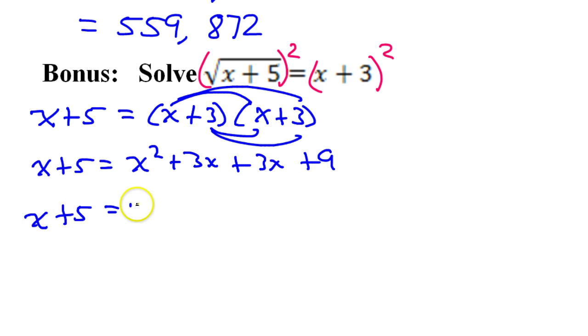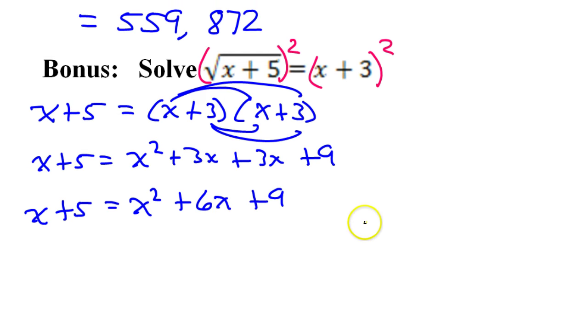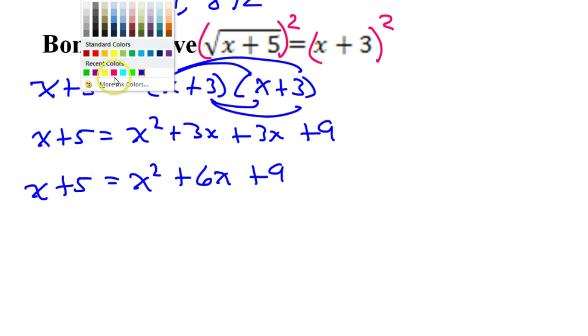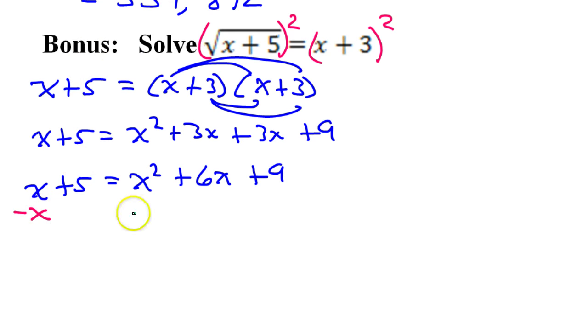So that's x plus 5 is equal to x squared plus 6x plus 9. Now I see that it's quadratic, and I have the square term and the x term. So I'm going to need to get 0 on one side and try to factor, or maybe even use the quadratic formula. I mean, how much of a bonus is this? How hard can it get? Could get pretty hard.